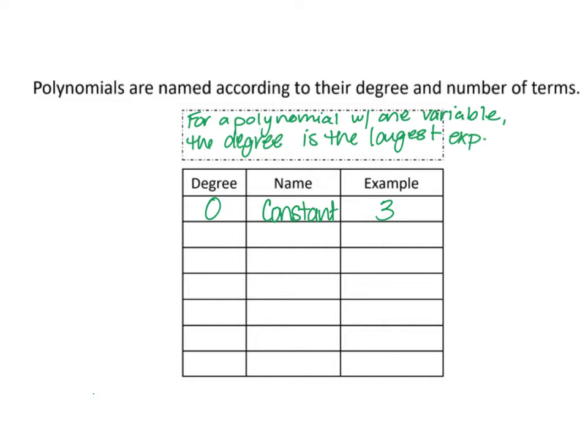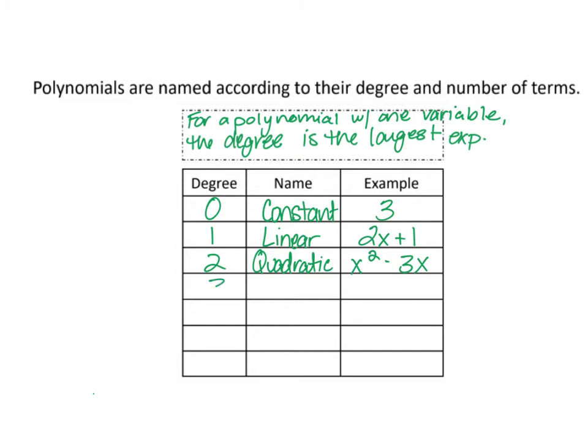And anytime you have just a number, that's always going to be a constant. A first degree would be what we call linear, and that would be like 2x plus 1. A degree of 2 would be what we call a quadratic, and that would be like x squared minus 3x.